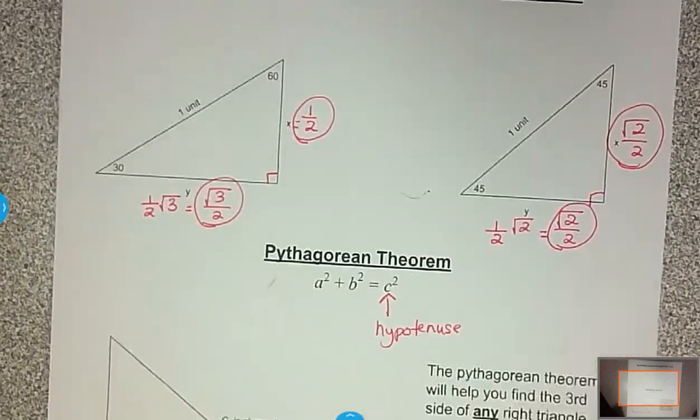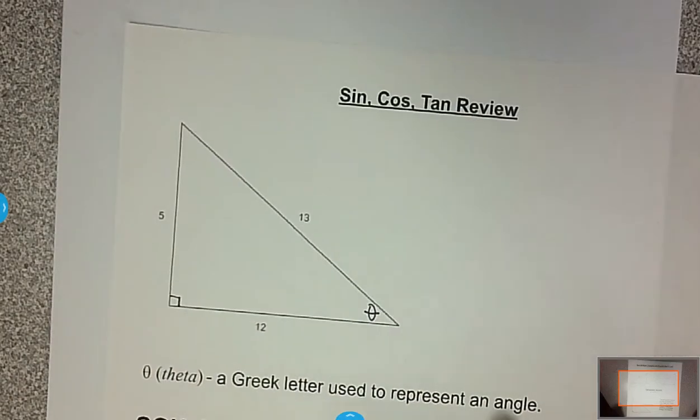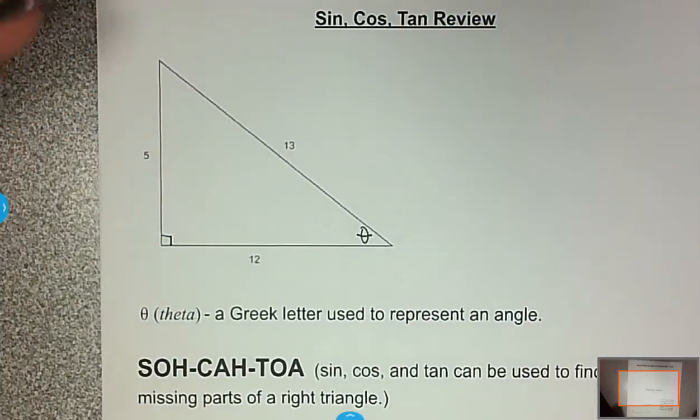All right, next, we're going to review sine, cosine, and tangent. Now, things look just a little bit different here in Algebra 2 than it did in geometry.